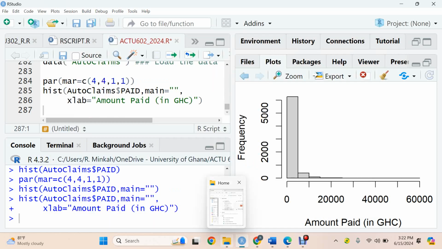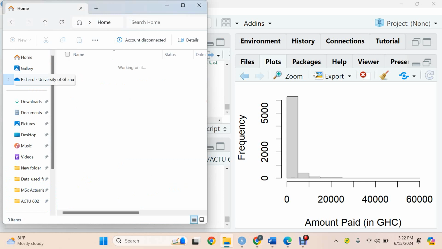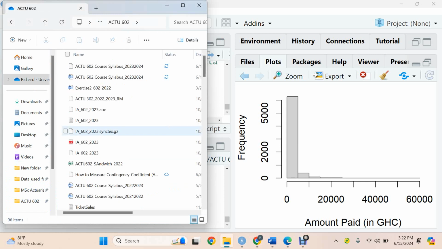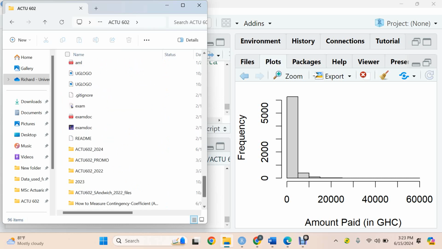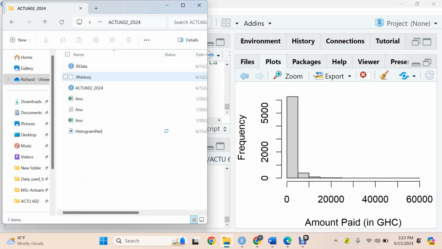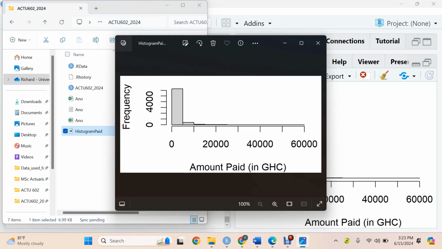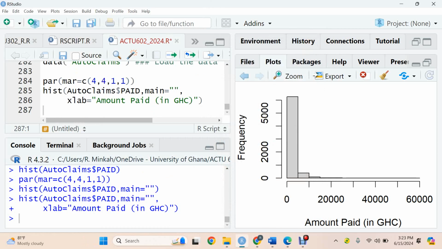If I go to my folder, my ACT 602 2024, there it is, right? It will be saved over there. So here I can click on it, and then I see this plot. Then I can copy and paste in Word. Then I give figure so and so, and that's it. So that's how you get your plots saved.